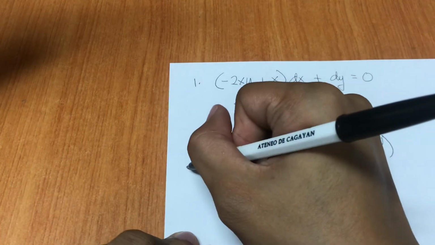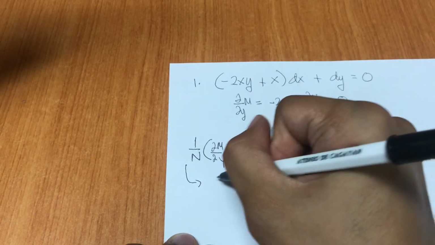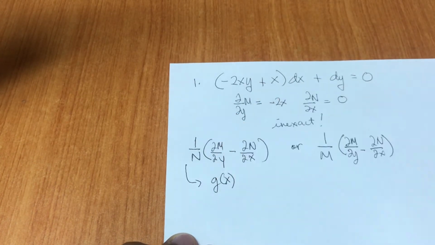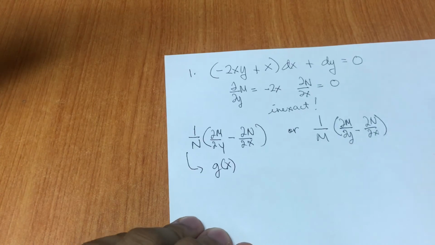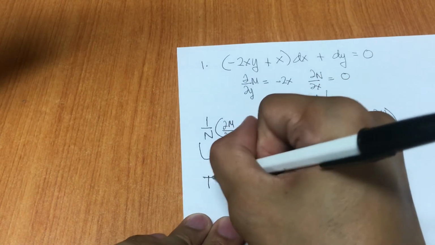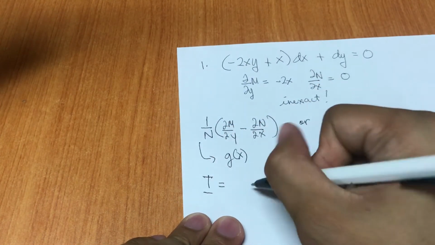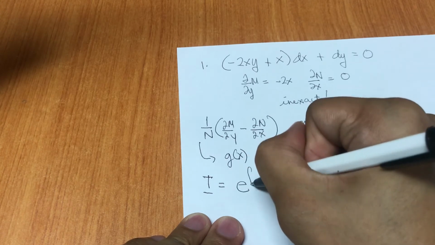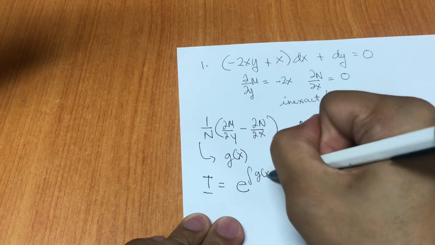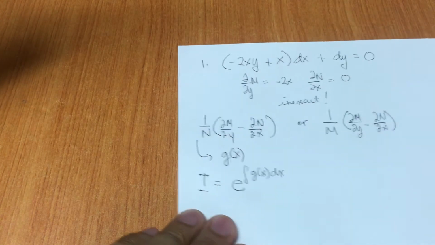If ang outcome ani is a function of x and only x, we'll use the formula I is equal to e integral of g of x dx.